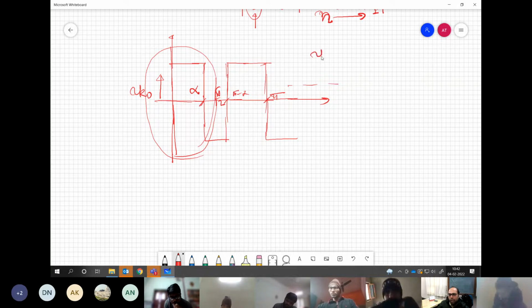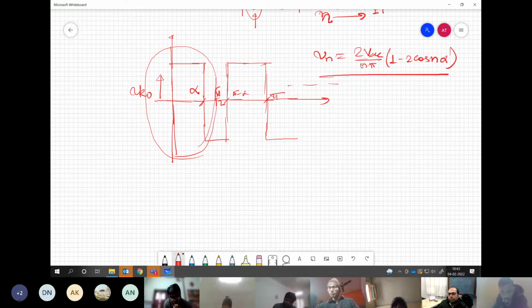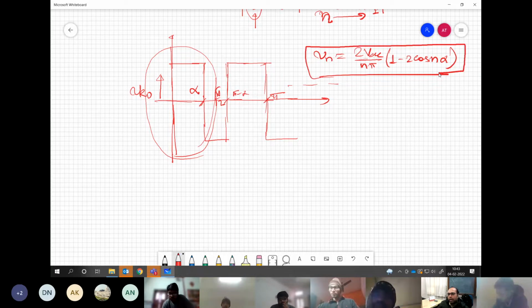So what we have found is that any nth harmonic of VRO in this system can be written as, isn't it? This is what we have derived. If you keep all the symmetries in this, then this is what you are going to get as the nth harmonic. Now we have a control parameter, alpha.